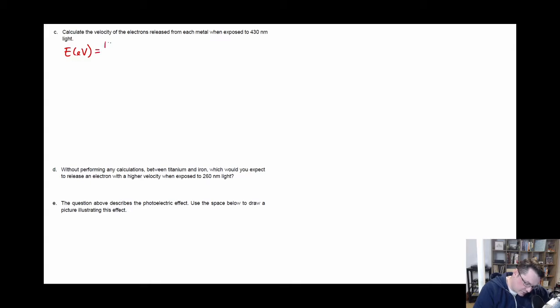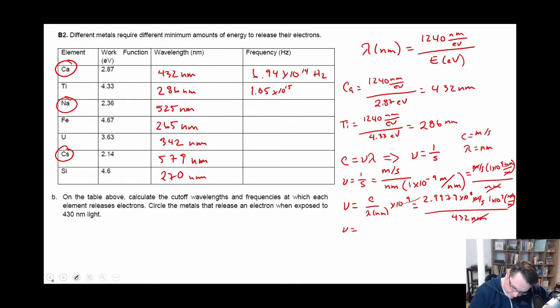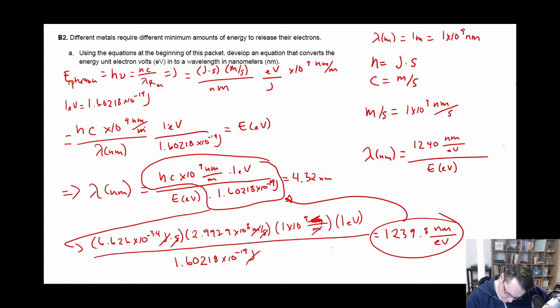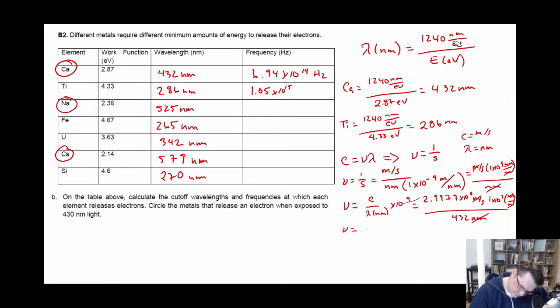So if we're looking at the energy in electron volts for 430 nanometers of light, that's simply going to be the 1240, what's the equation that I'd used? 1240 should be nanometer EV, just as a note, because then the units don't cancel.